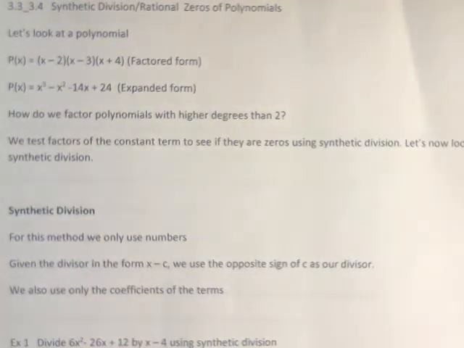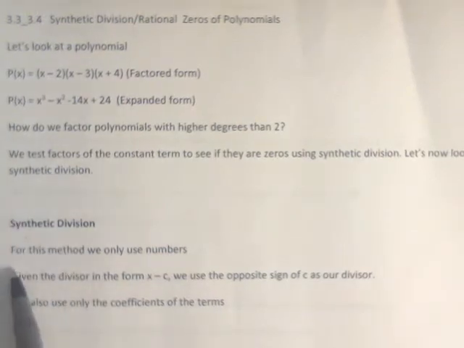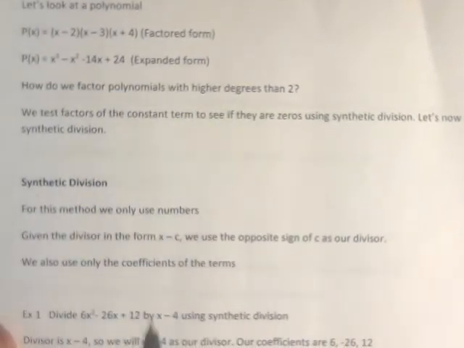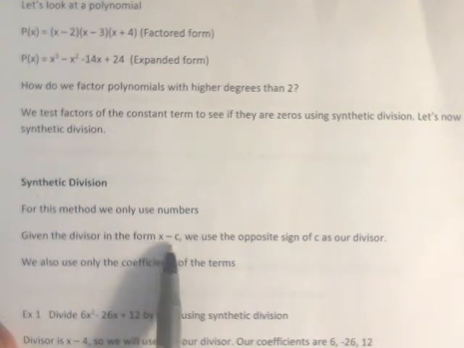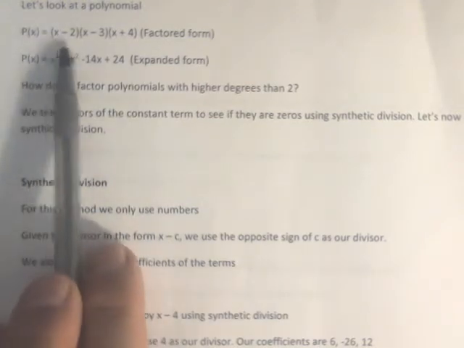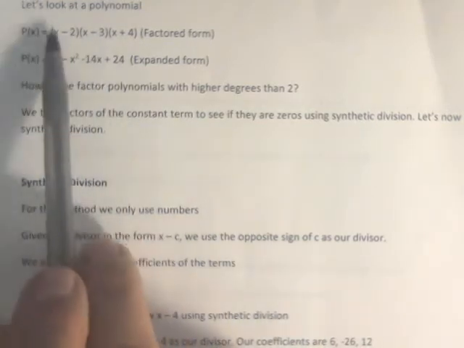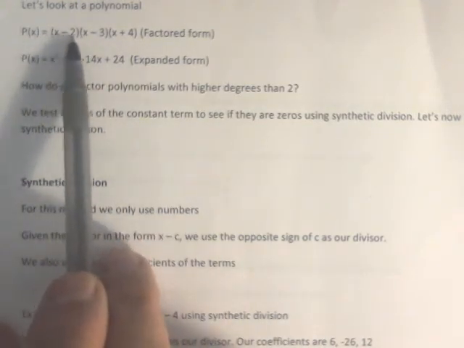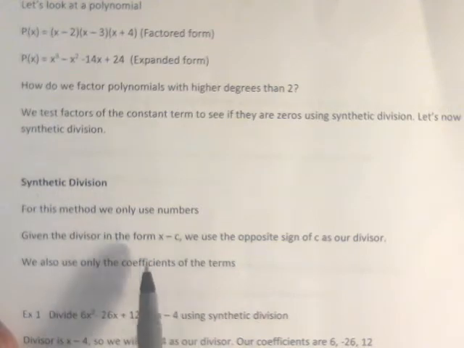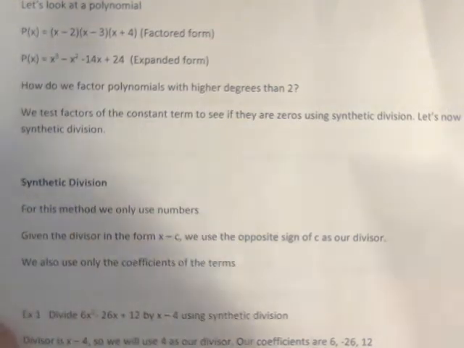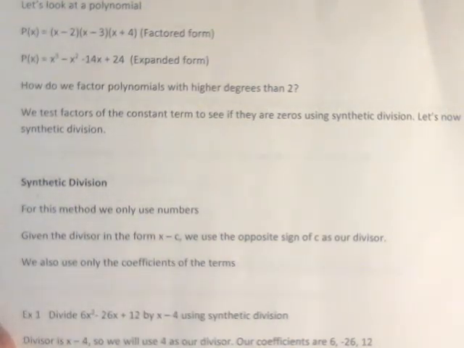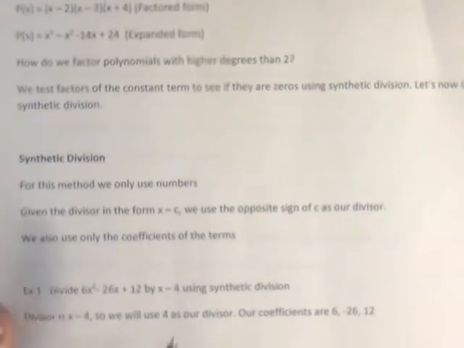And the good thing about synthetic division is we use only numbers. If we have a divisor in the form x minus c, like x minus 2, we use the opposite sign. So if my factor is x minus 2, my divisor would be positive 2, and vice versa. So let's look at how it works.